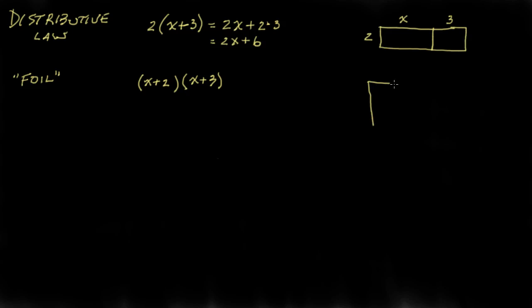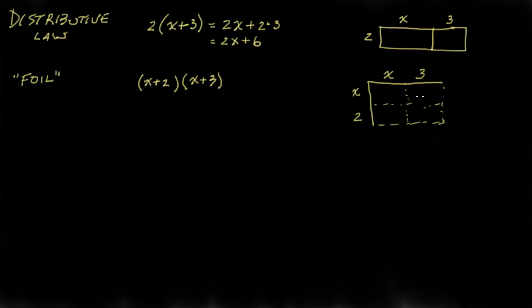I'm going to think about a rectangle where one dimension of the rectangle is x plus 3, the other dimension is x plus 2. And while I normally won't draw this for this demonstration, I'll suggest here the individual rectangular areas that I'm going to be looking for.